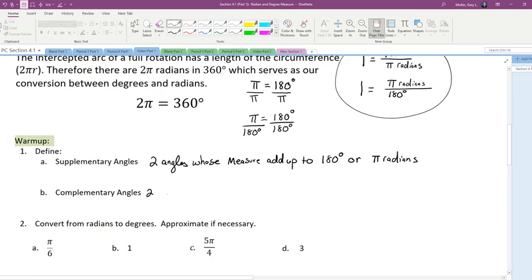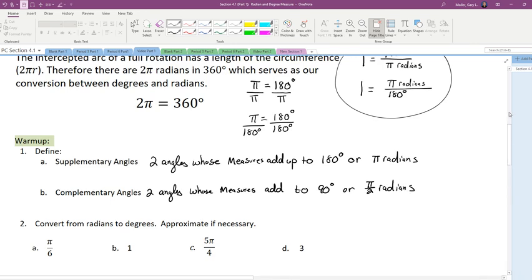Complementary angles are two angles whose measures add to 90 degrees, or pi over 2 radians.